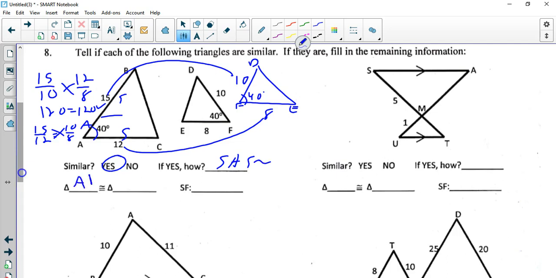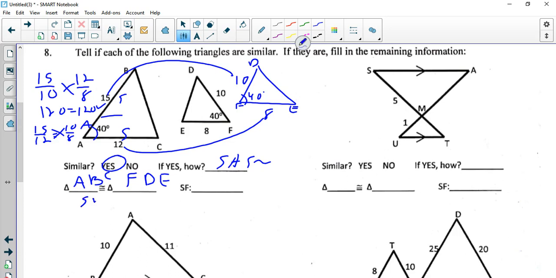Now, you can pick any way you want to, ABC first or FDE first, and the order doesn't matter. You can call it CBA. But if I'm going from ABC to FDE, what's happening?